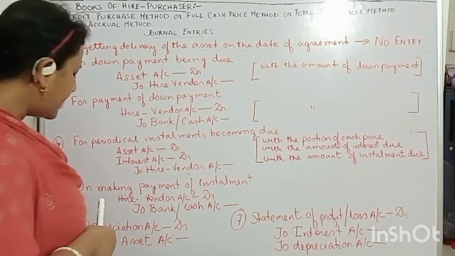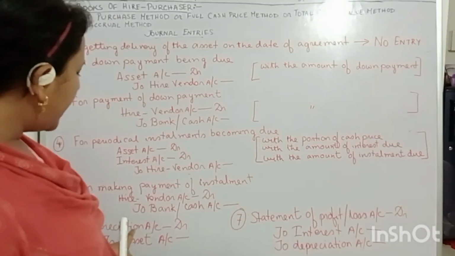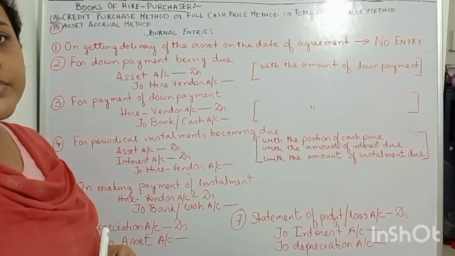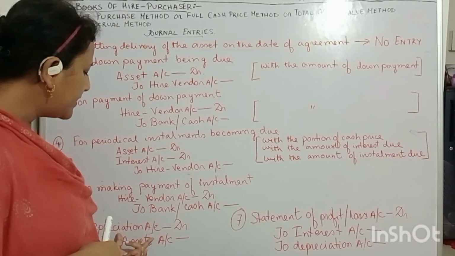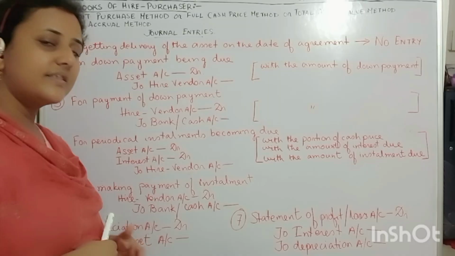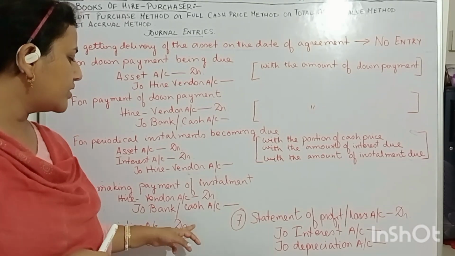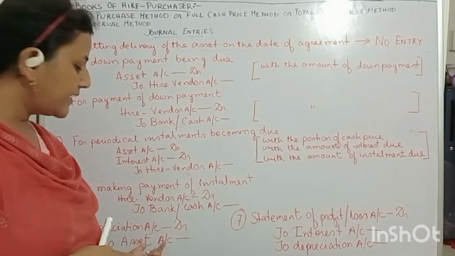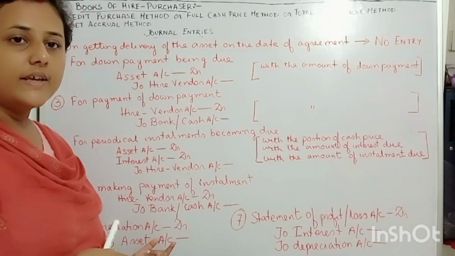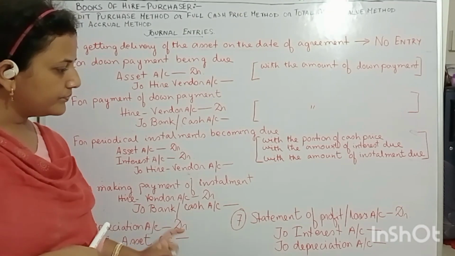Then the 6th entry, year ending. Depreciation is calculated on the asset. Depreciation account is debited to asset account. Depreciation is an expense, so it increases and should be debited. Asset decreases, so it should be credited.